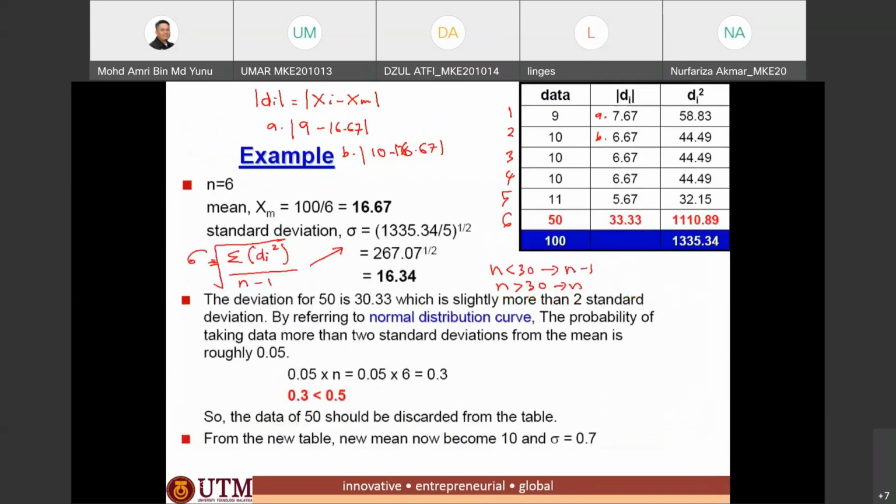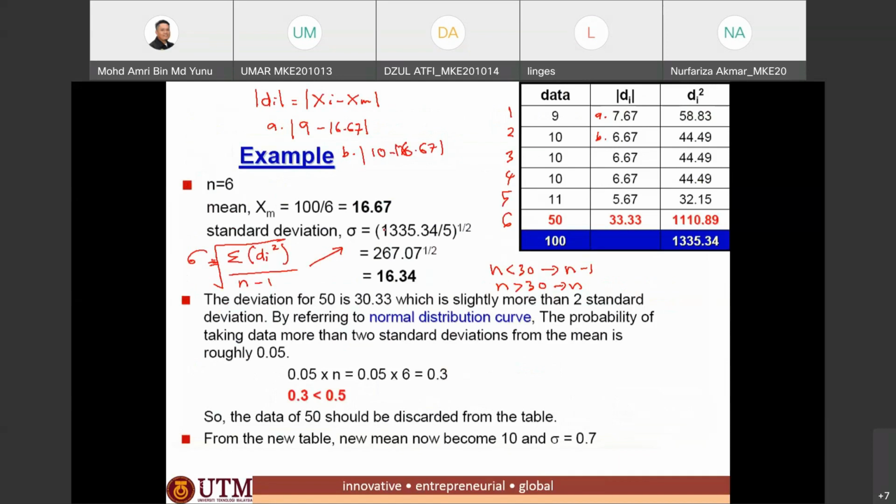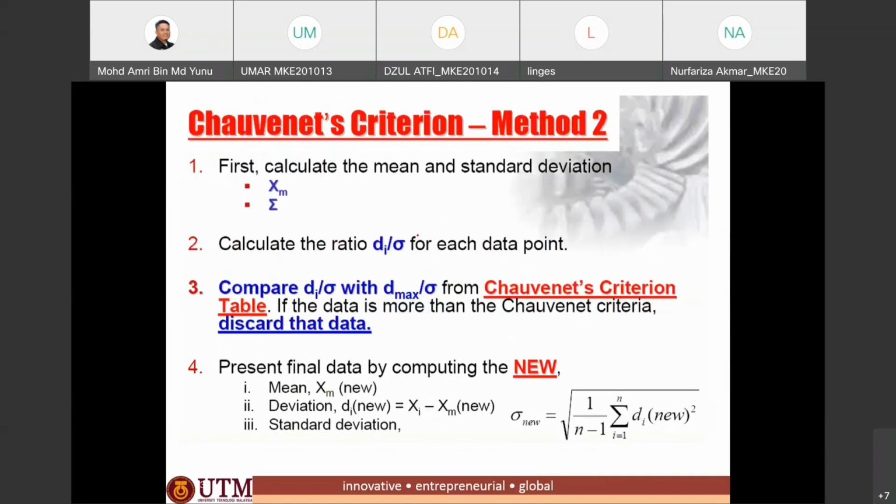So we have looked into the mean, and then we calculate this ratio, the ratio of the deviation or the offset over the standard deviation, and compare it with the Chauvenet criterion table.